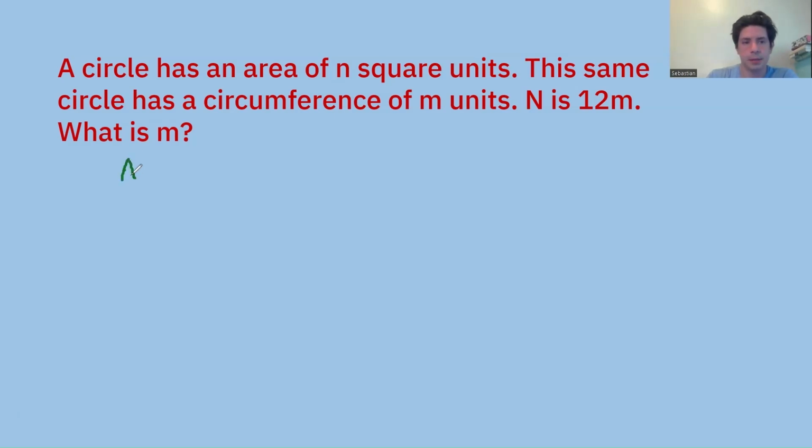Okay, so area equals n, and the formula is pi r squared. Circumference equals m, and the formula there is 2 pi r. It's just helpful to write down all the information we have. N equals 12m.